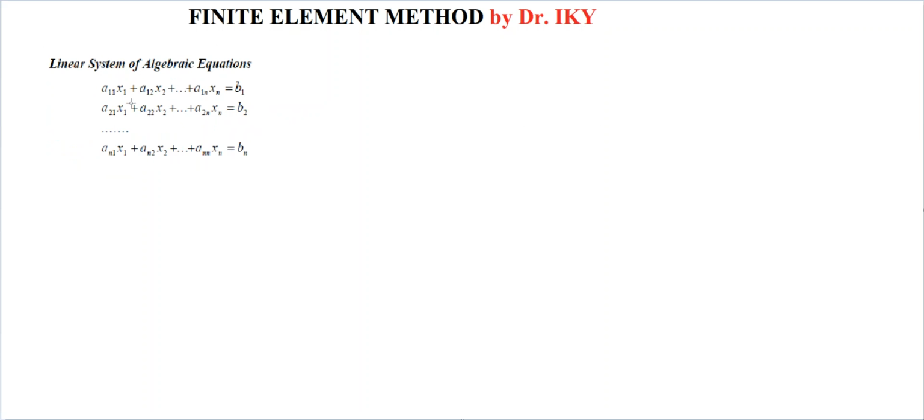So if we have this kind of equations, polynomials, so a11 x1, a12 x2, going like a1n xn is equal to b1, b2, bn. We need to make all of these equations into one, so we have to write them in a matrix form.